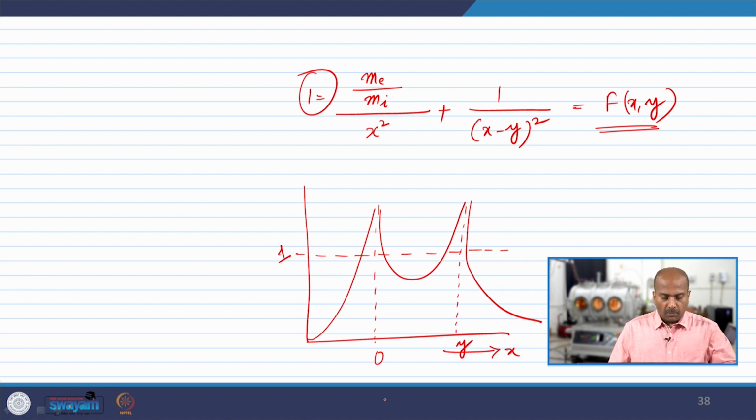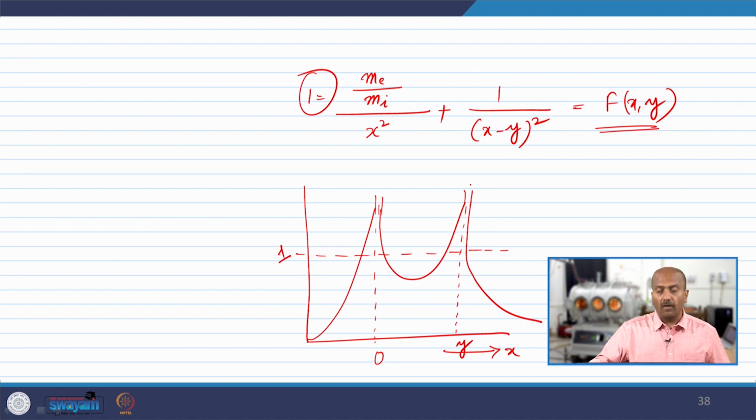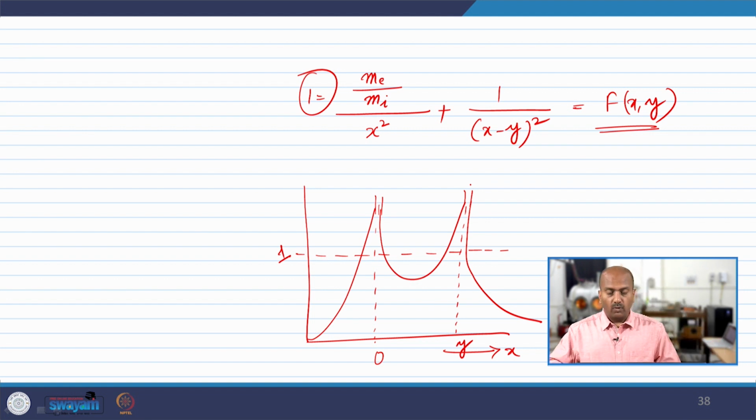This shows a plot of f(x, y) as a function of x for a given value of y. The intersection of this curve with f(x, y) equal to 1 gives the real values of x satisfying this dispersion relation, and the function has two different singularities at x equal to 0 and x equal to y. Right. This value is a singularity because the figure is going towards infinity. So, this is expressing the instability of the plasma in which you have considered two fluids.